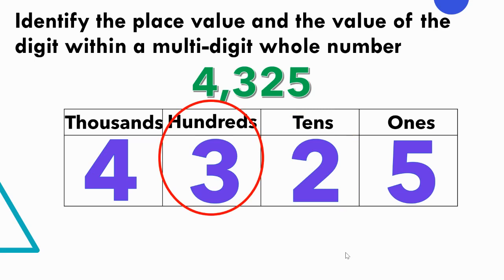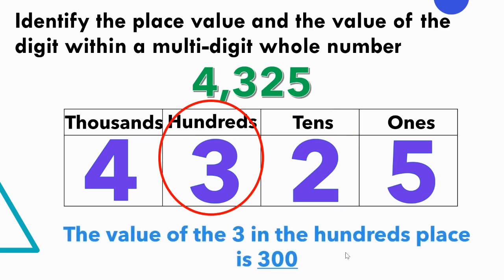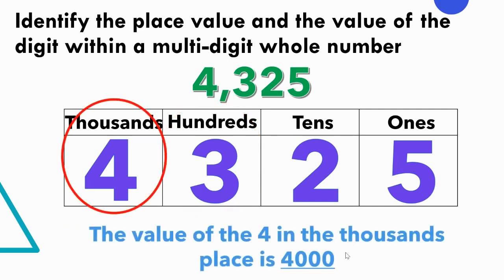In the hundreds place, we have a 3. So the value of the 3 in the hundreds place is 3 hundreds. We would need 300 unit cubes to make 3 hundreds grids. And finally, the 4 in the thousands place has a value of 4,000. We would need 4,000 ones cubes to make 4,000 cubes.